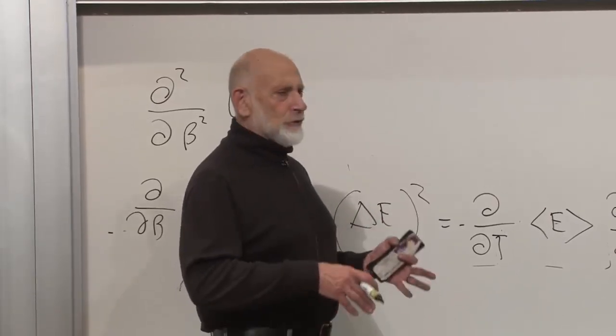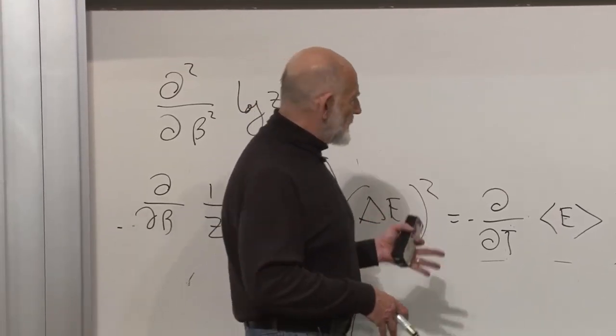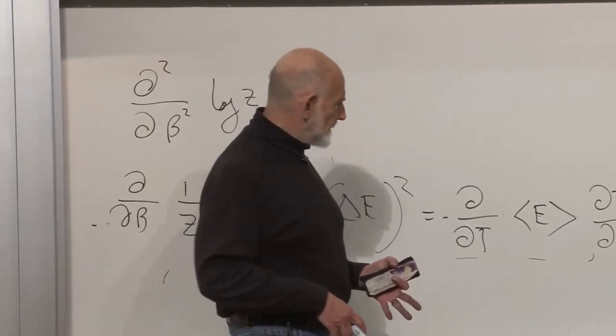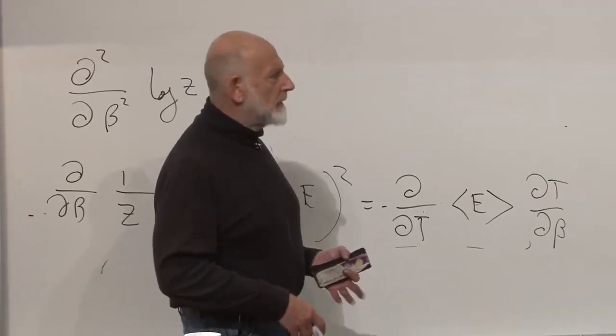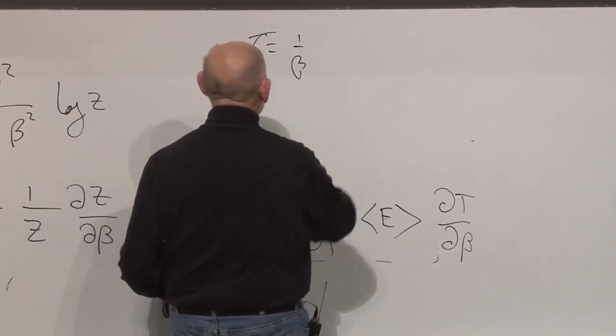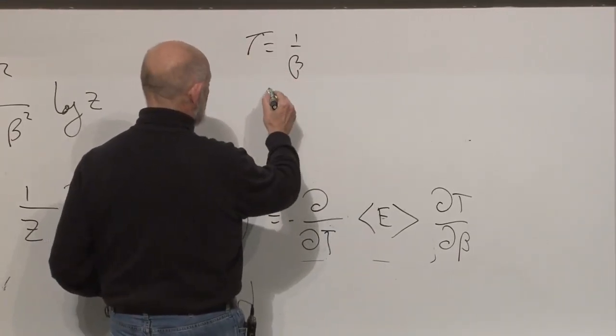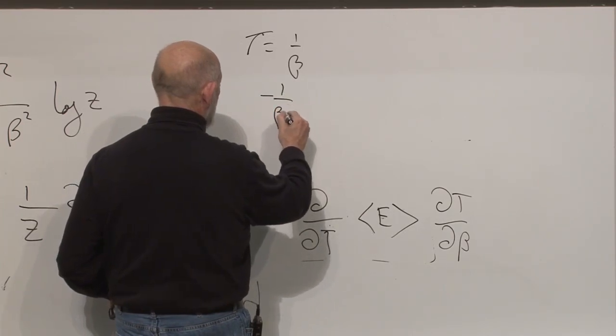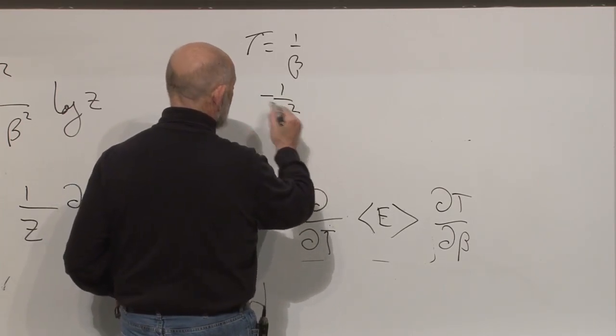Beta is 1 over temperature, the other way around. Temperature is 1 over beta. So what's dT by d beta? The derivative is equal to minus 1 over beta squared. Is that right?